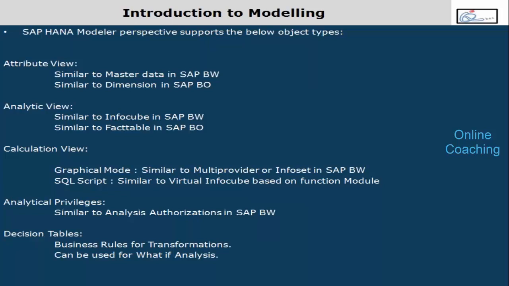But the point to be noted is, we can use n number of fact tables in an analytical view, but measures or key figures can be referred to only from one table. While creating an analytical view, I can use n number of fact tables or transactional tables, but measures or key figures can be referred to only from a single fact table.